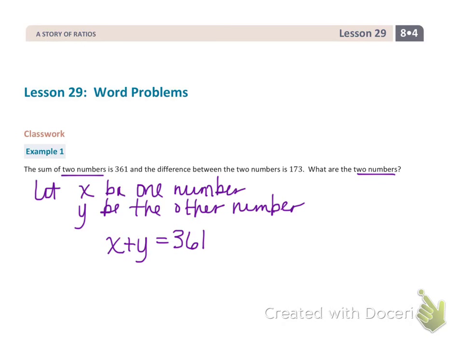And the difference between the two numbers is 173. So x minus y is equal to 173. What are the two numbers?